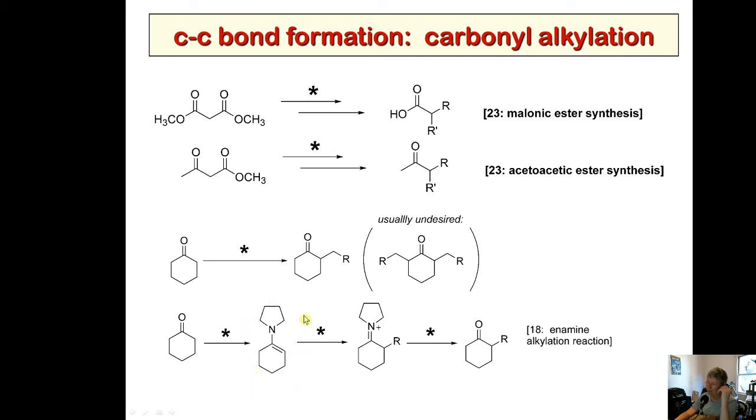So it's the equivalent of what happens if you take this ketone and hit it with LDA, you get an enolate, LDA being a strong base, right? But the enamine is also a pretty nice nucleophile, kind of like a gentle enolate.